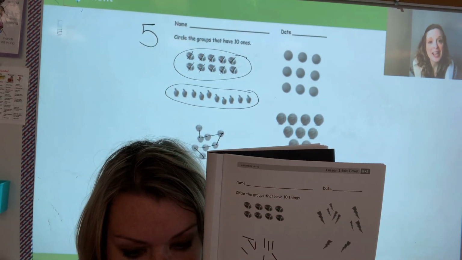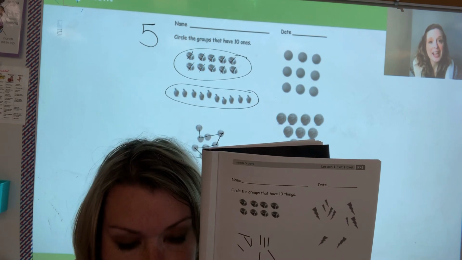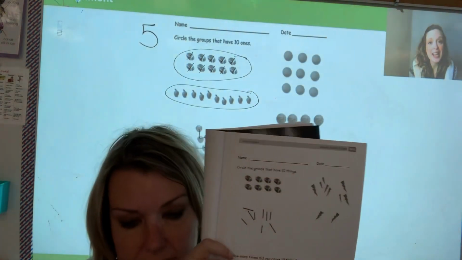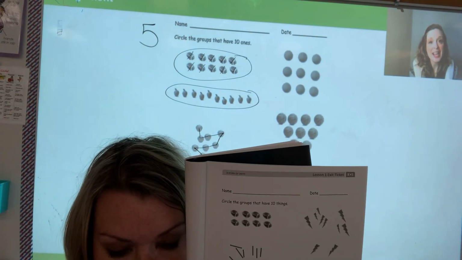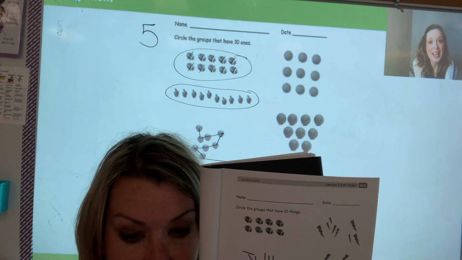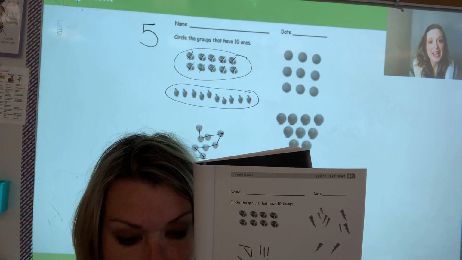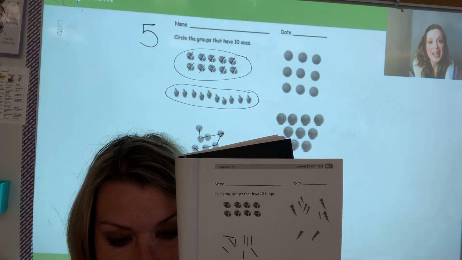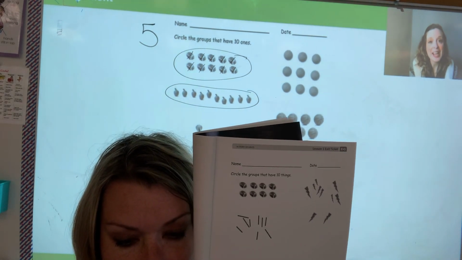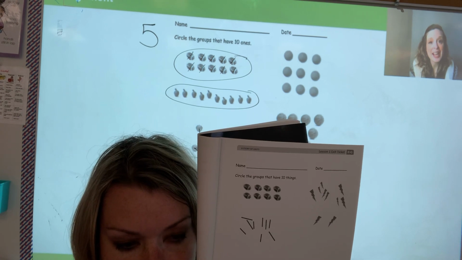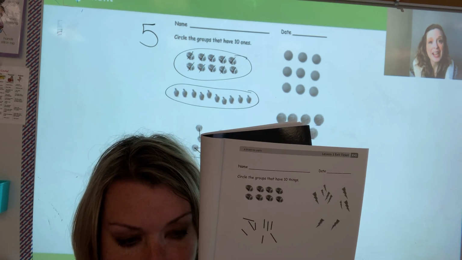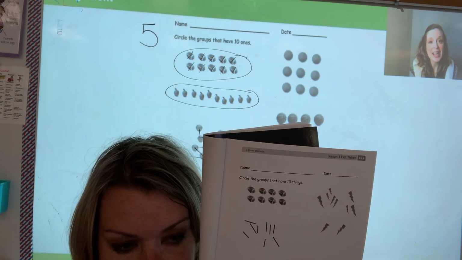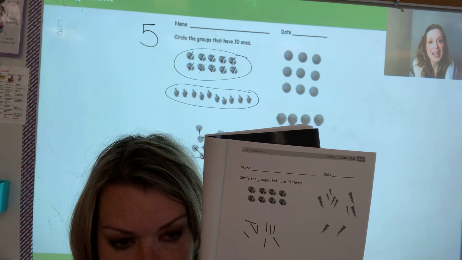It's exactly the same as the problem set, exactly the same as what we just did. You're going to do this all by yourself. I'm not going to help at all. You're going to do it without a grown-up. Circle the groups of 10 and then write in the mystery box how many times you counted 10 ones. Do that on your own and submit it to me.